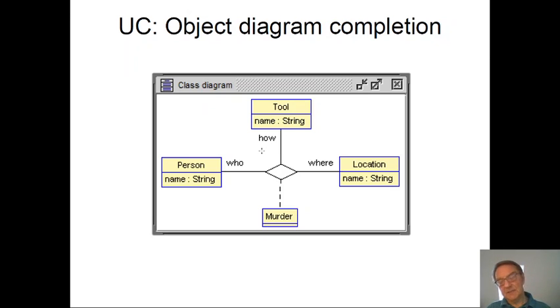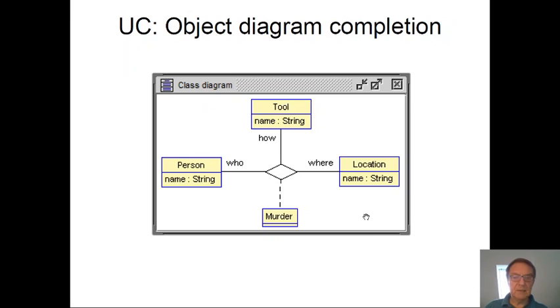The findings tell you about how the murder was committed, and the findings tell you about where the murder took place. This is represented here in a ternary relationship between the classes person, tool, and location.